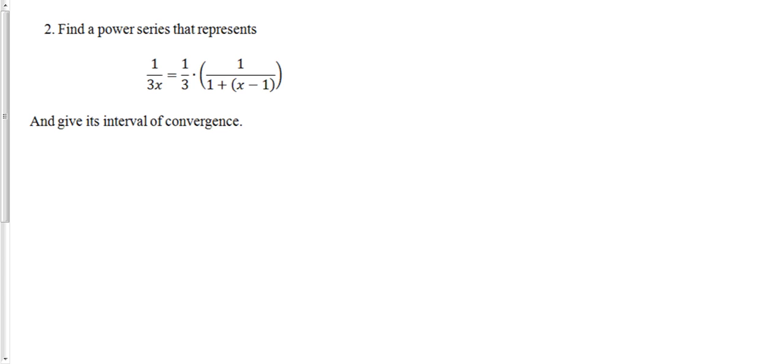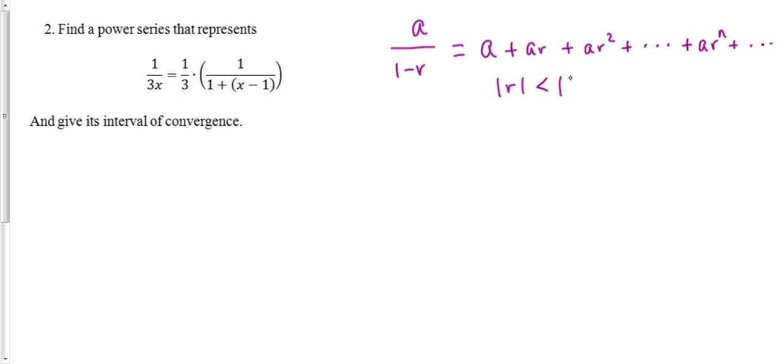Now, what we've been doing in exploration 1 is remembering that a over 1 minus r can be represented as a power series of a plus ar plus ar squared plus dot dot dot out to my general term of a r to the n, and then we go out to infinity, and that this converges for the absolute value of r less than 1.